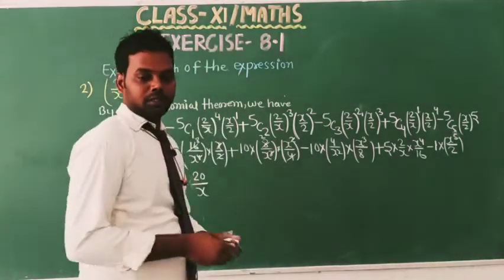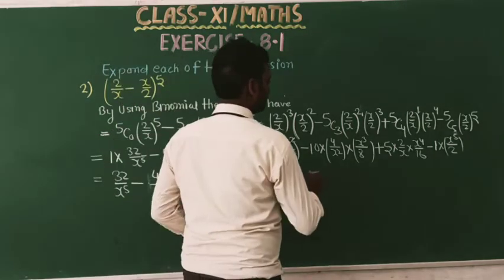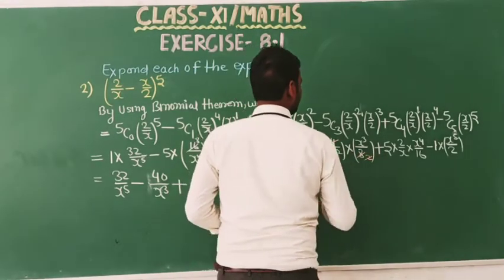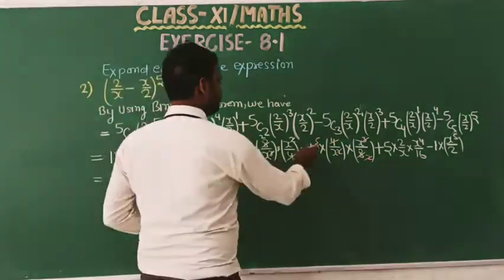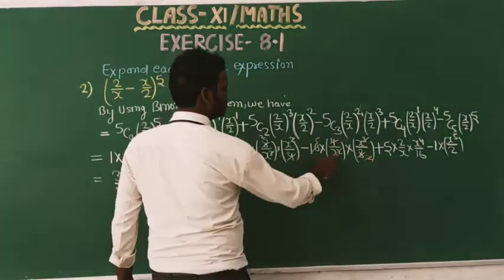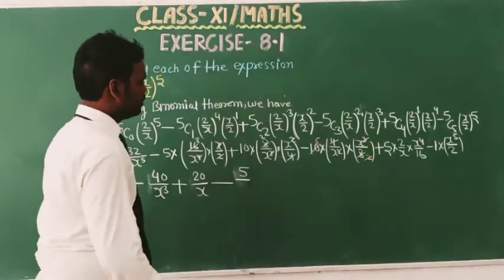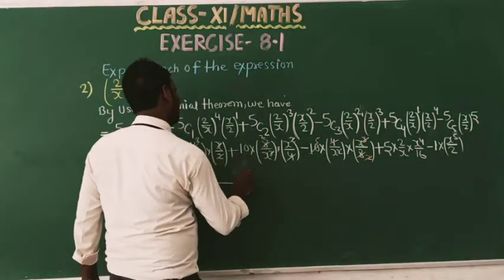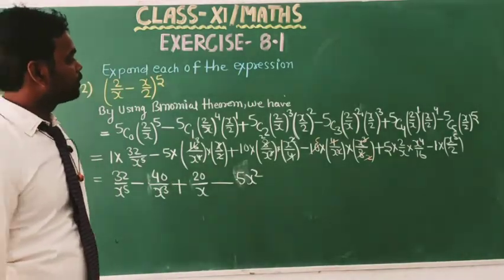And the next term is minus, here 4 twos are 8 and 5 twos are 10, and x^2 and x^3, x^2 cancels out, so here we are left with 5x.